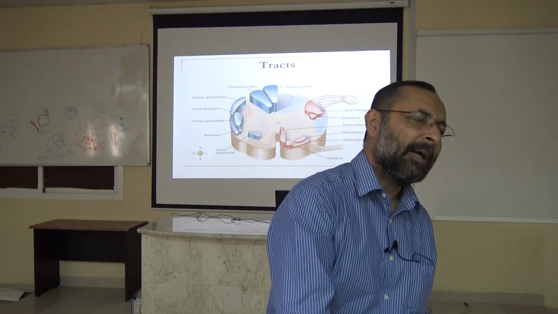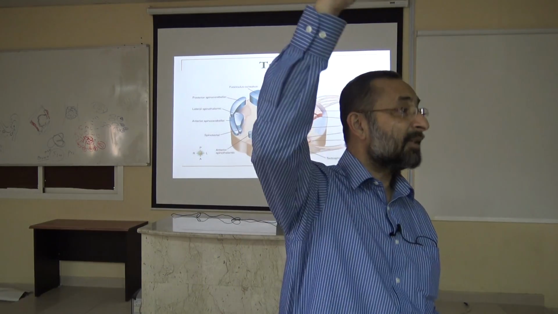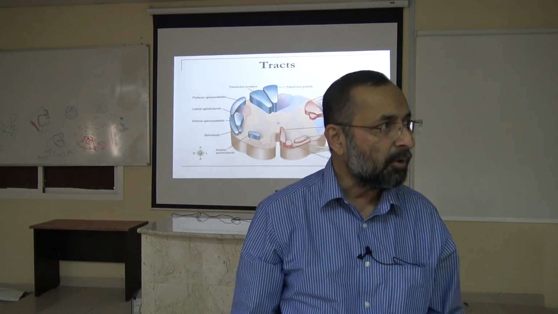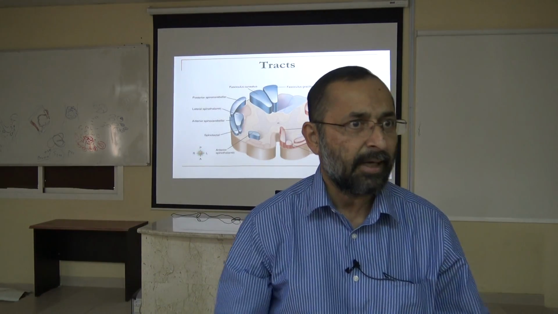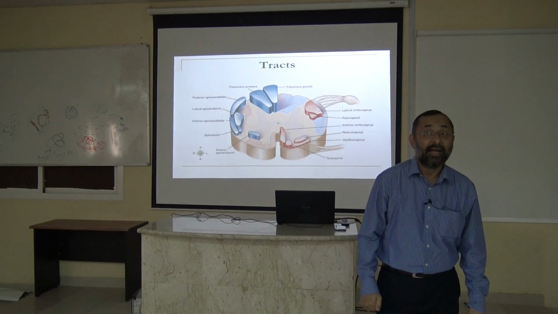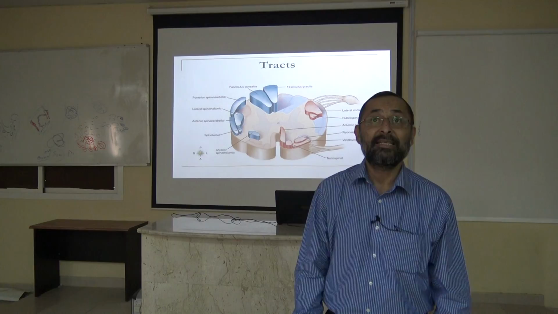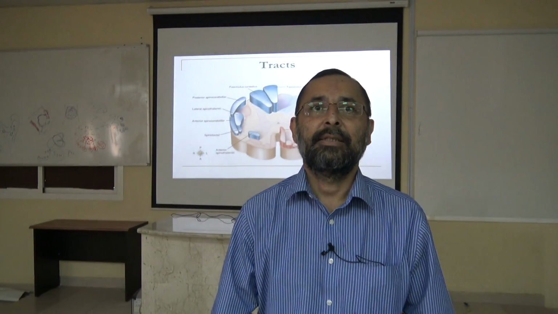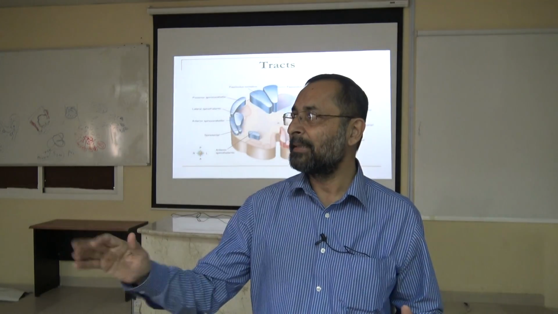If a tract is starting from spinal cord and it is going to the reticular formation finishing there, what will you call this tract? Spino-reticular tract. Are we clear about that? Okay. Spinotectal tract. Spinotectal. Spinal, easy.